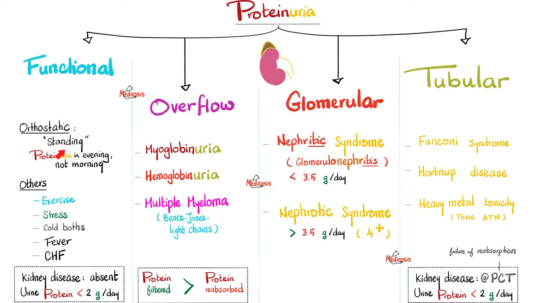And don't forget your surgeon. They will have proteinuria when they are standing up for a long time. So it's mostly in the evening because they have been standing up throughout most of the day. But when they lay down to rest at night and they wake up in the morning fresh, there is no proteinuria in the morning. This is characteristic of orthostatic proteinuria.